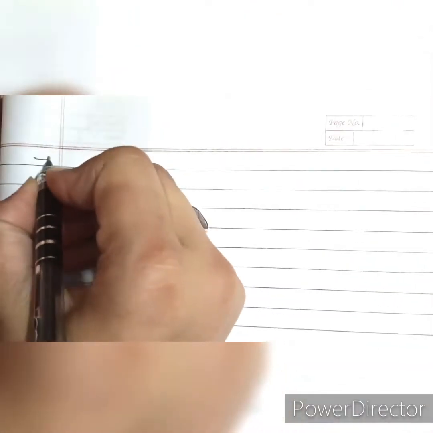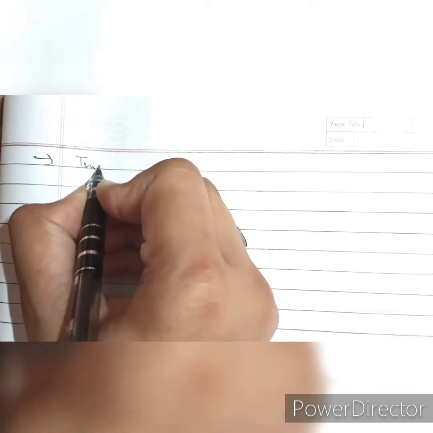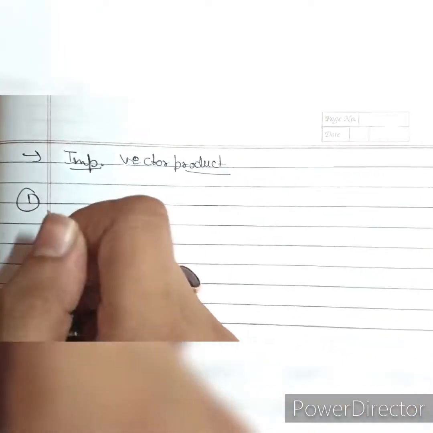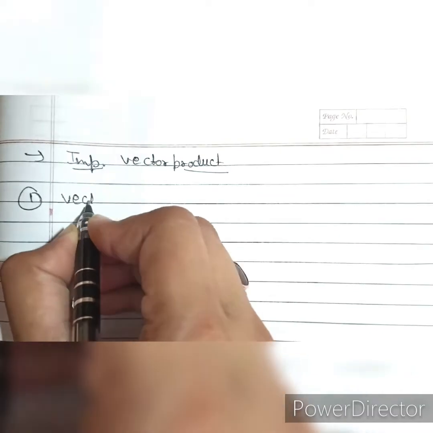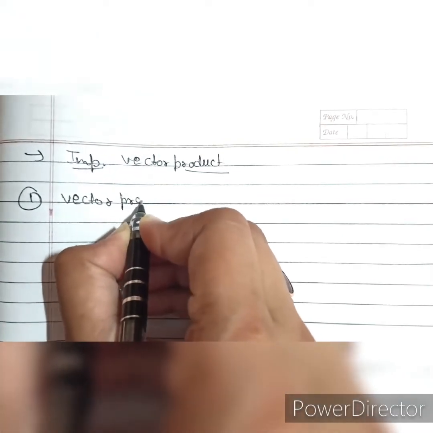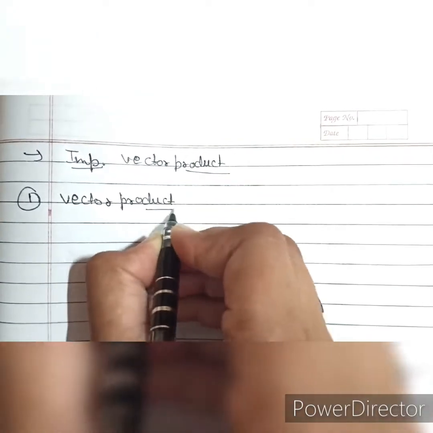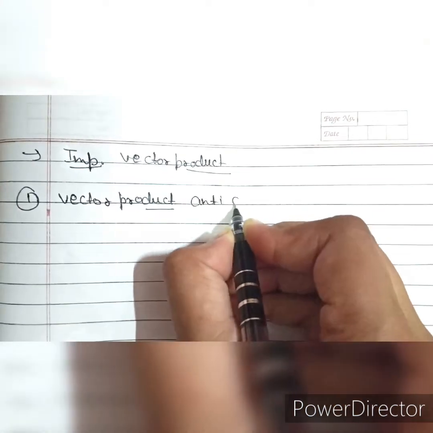Now we talk about the important properties of the vector product. The first property is that the vector product is anti-commutative.